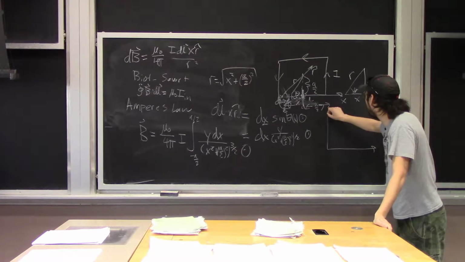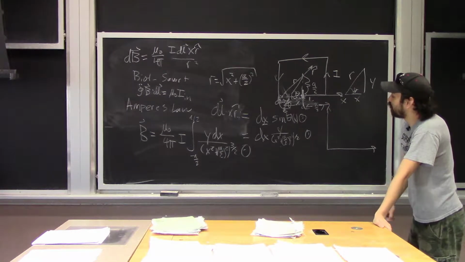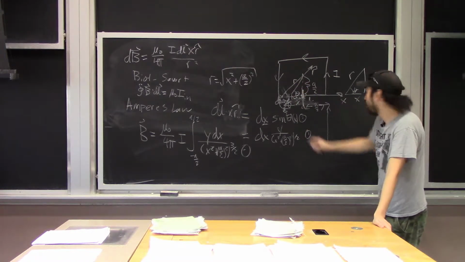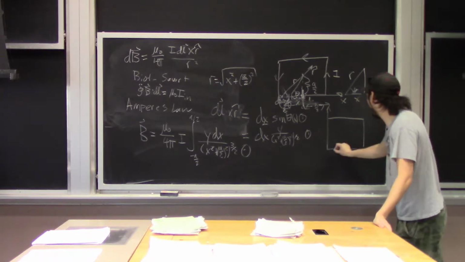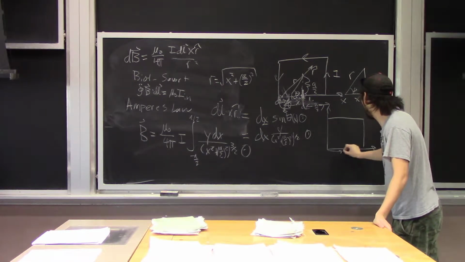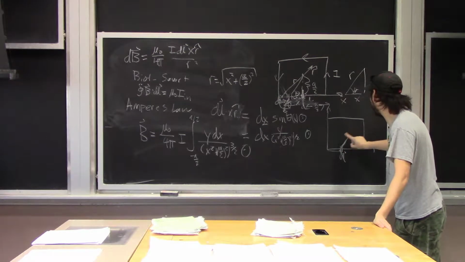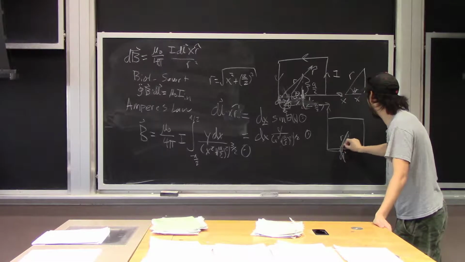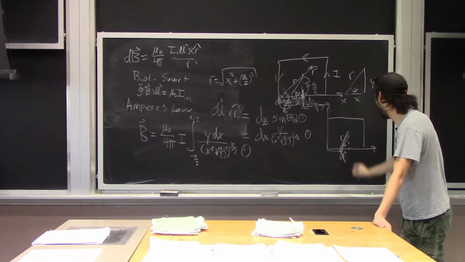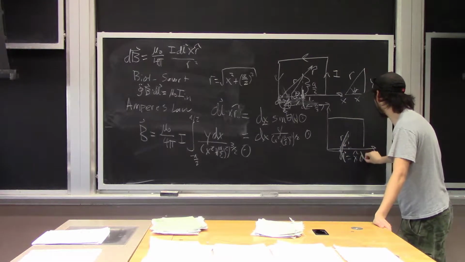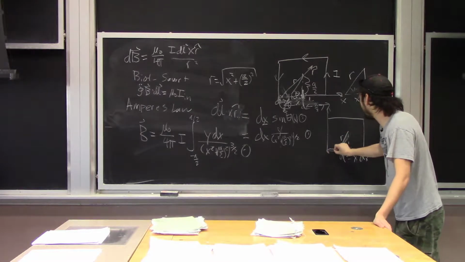What's going to change is the way that I'm defining what r is. So if I do it like this, and I say that here's my dl, here's my r, this is my angle theta. So dl is still x hat dx. This is now the distance x, right?